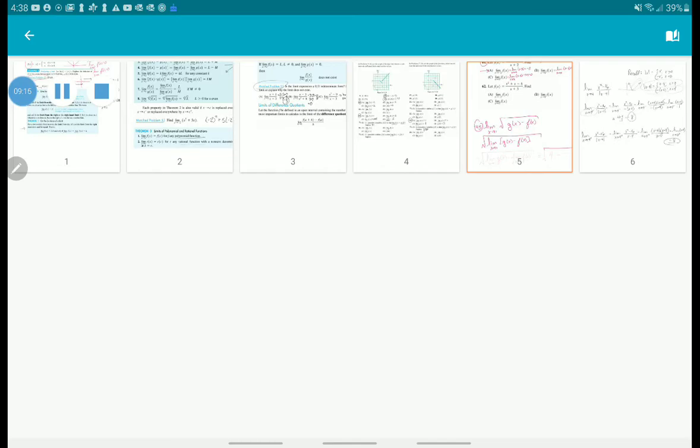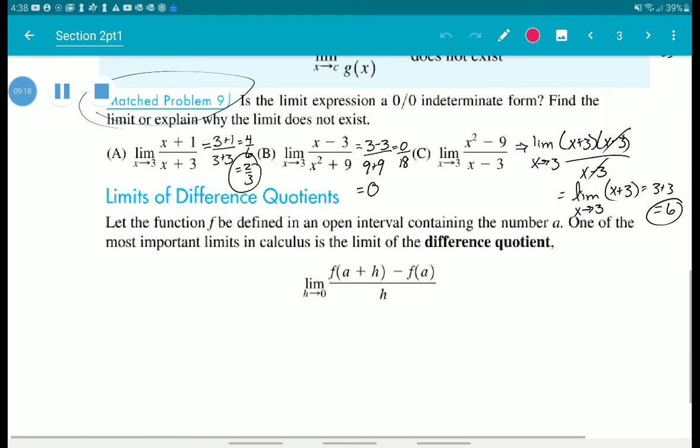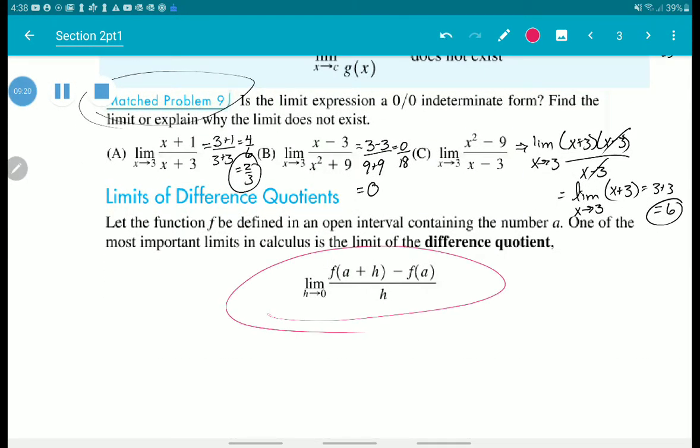The last thing we're going to talk about in this section is the limit of the difference quotient. And this is actually a really important concept in calculus because it's going to take us into this idea of what the definition of a derivative is.